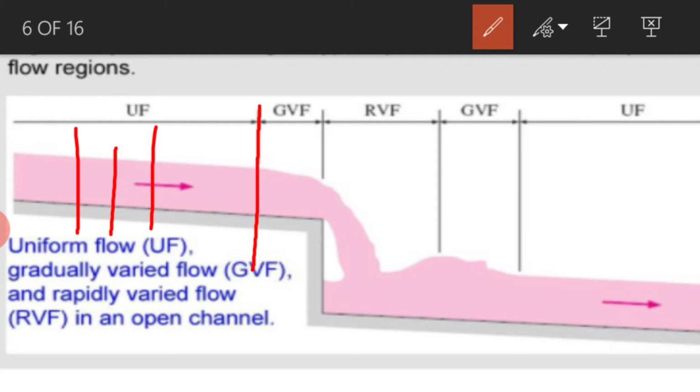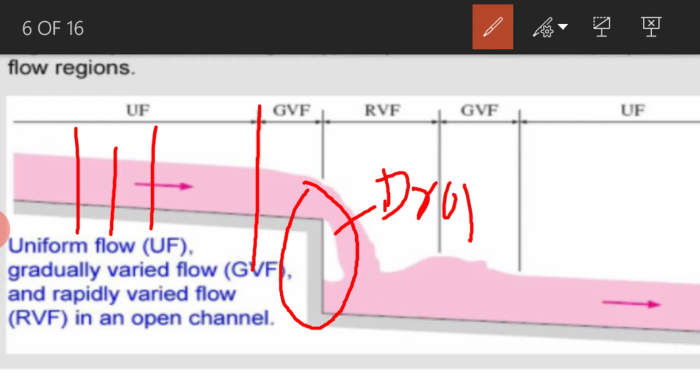Then as it approaches the obstacle or obstruction, this is the obstruction made in a channel. This obstruction is nothing but a drop in a channel. Because of the drop present in the channel, from uniform flow it started varying gradually. The depth started varying gradually. This is called a gradually varied flow.